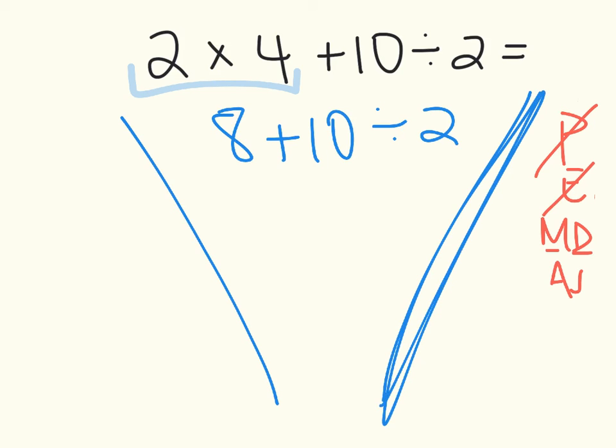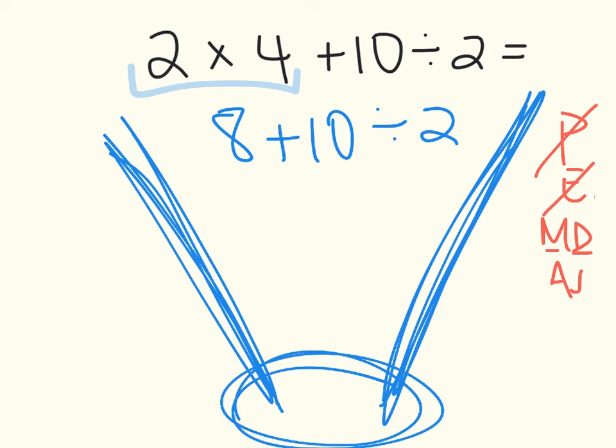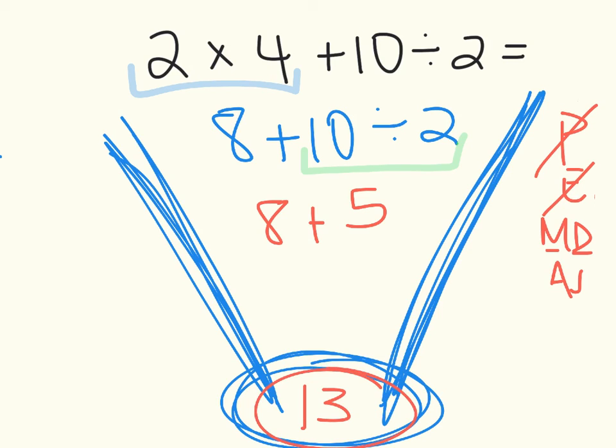Notice that I drew my funnel, so my answer should be funneling down to my final answer at the bottom. If I take a look at the next part, I'm going to do 10 divided by 2. And 10 divided by 2 is 5. Bring down my 8. 8 plus 5 is going to get me to 13. And that would be my final answer.